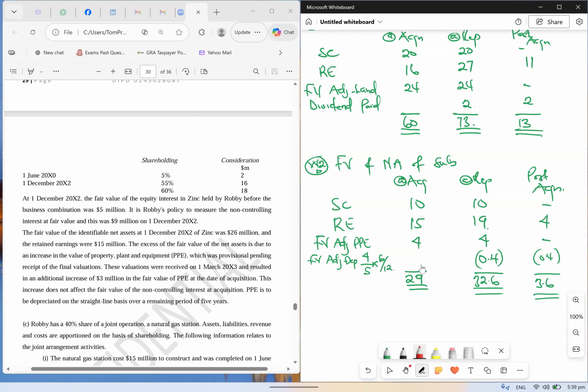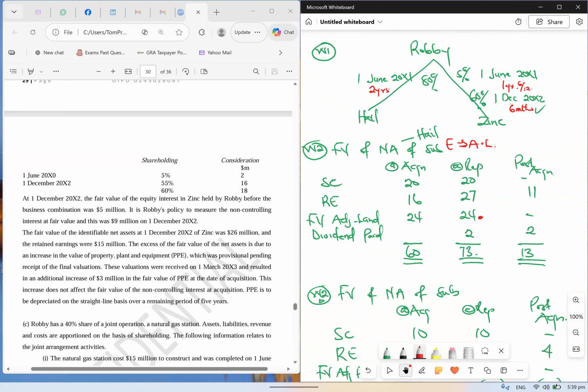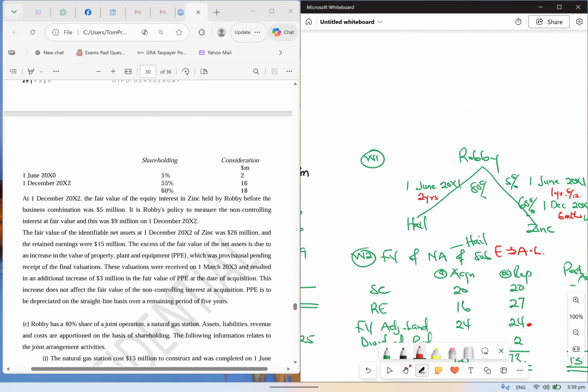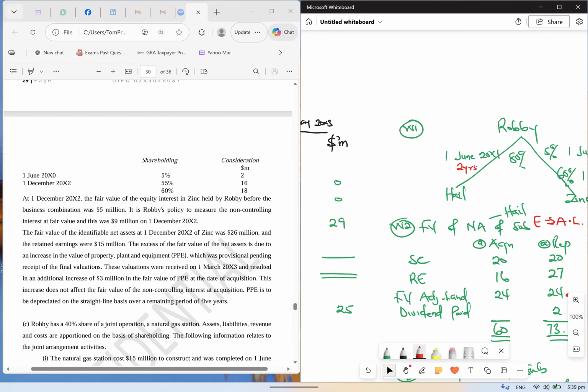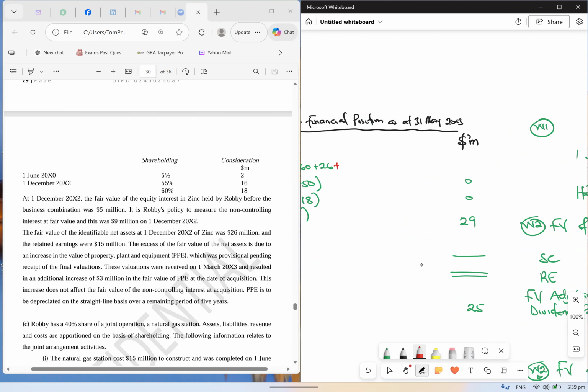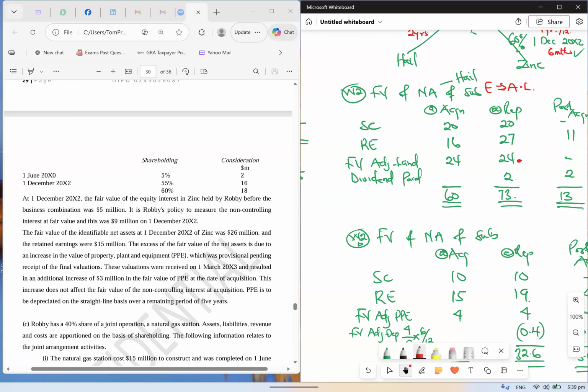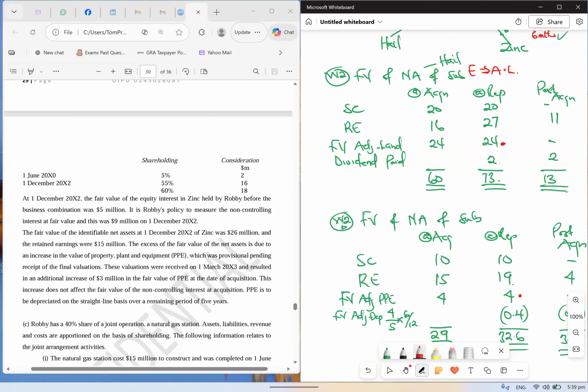So immediately you will pick this one and go and add it to your PPE quickly. So that is an amount of 24. Then here too, there is this one and this one.